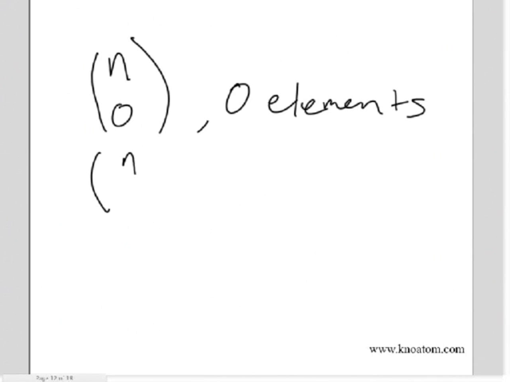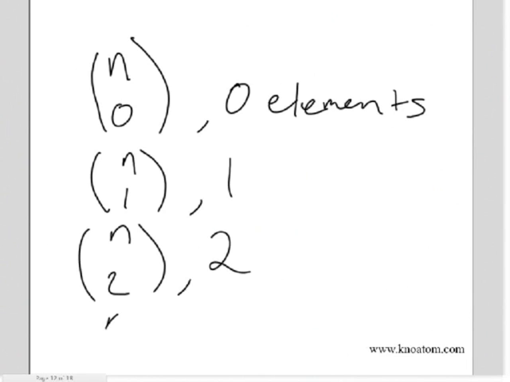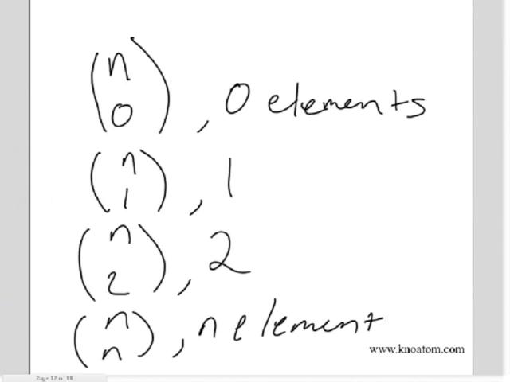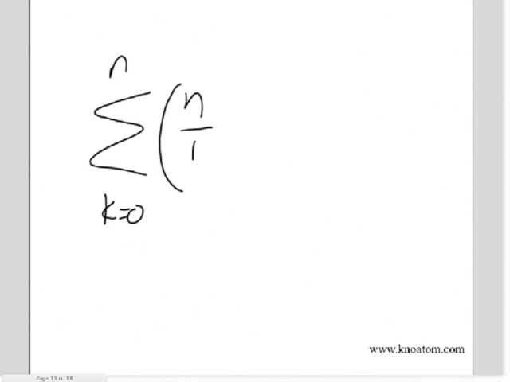And then n choose 1 subsets with 1 element, n choose 2 subsets with 2 elements, and so on all the way to n choose n. So we can easily write that as a summation from k equals 0 to n of n choose k.